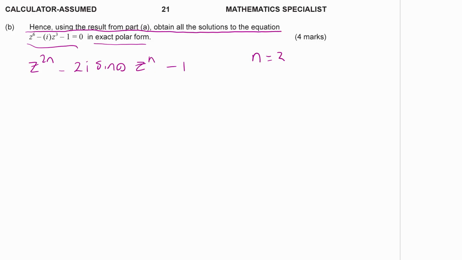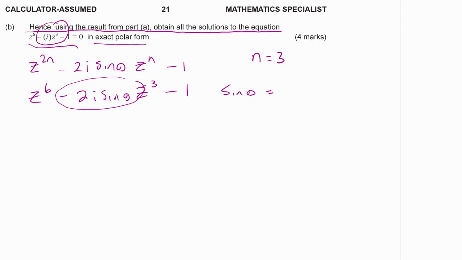So n is equal to 3, which gives us z to the 6, take away 2I sine theta z cubed, take away 1. And then if we compare here with here, we must have that sine theta is equal to 1/2.